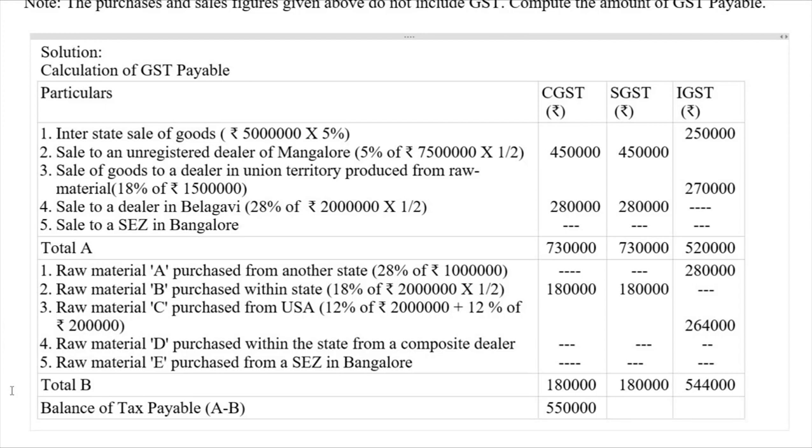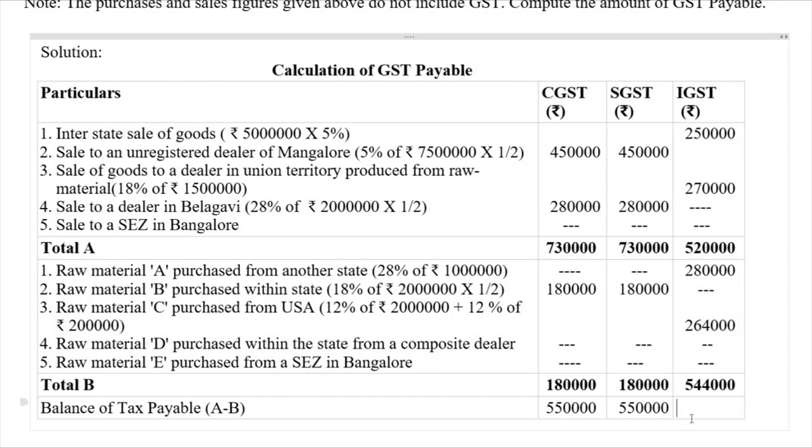Similarly in case of SGST also it remains same. Now here it is 2,80,000 minus 2,64,000, which comes to rupees, so 5,20,000 minus 5,44,000, that comes to 24,000 here.